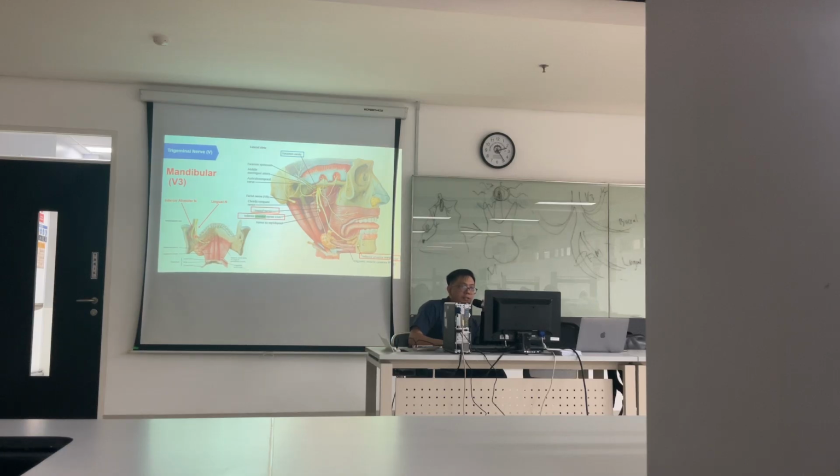When you anesthetize this part, all of the inferior alveolar nerve until the mental nerve will be anesthetized. So if you anesthetize in here, you can extract all of the teeth from incisor to molar, because all the teeth have the same innervation.